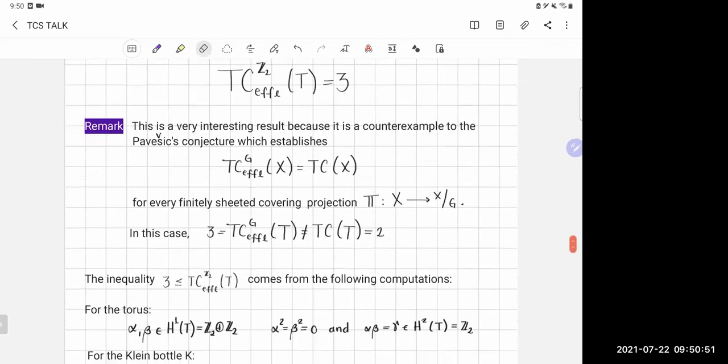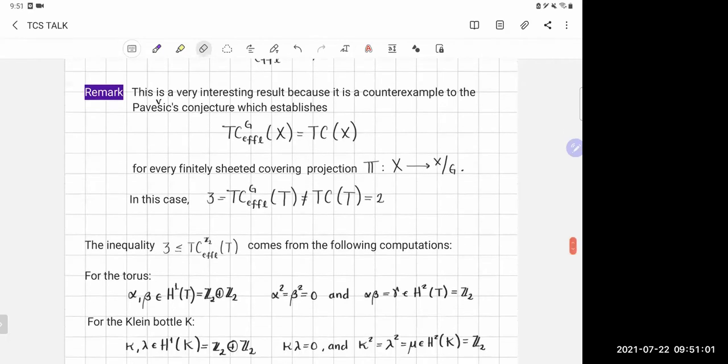I will say some words about the proof of this equality, this one. So for this inequality, we consider the following computations. In this part, all cohomology groups are taken with mod 2 coefficients.